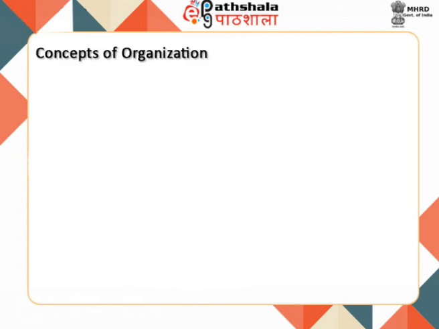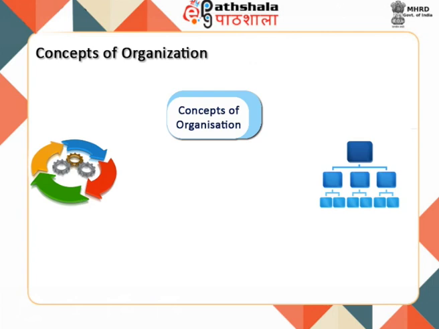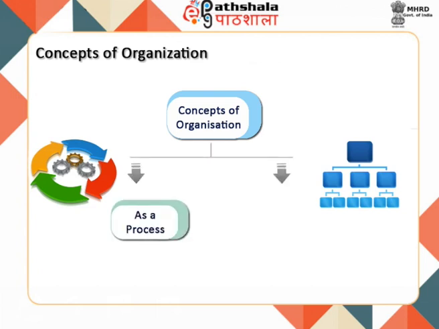Let us now elaborate the concepts of organization. There are two concepts of organization: organization as a process and organization as a structure. Organization as a process. The entire work of the organization is divided into parts and subparts where every personnel is given a defined task.